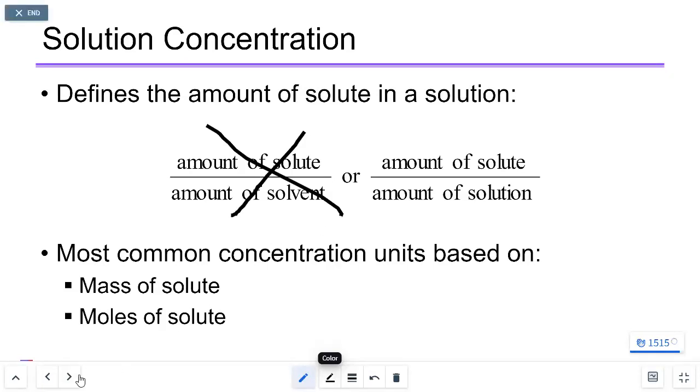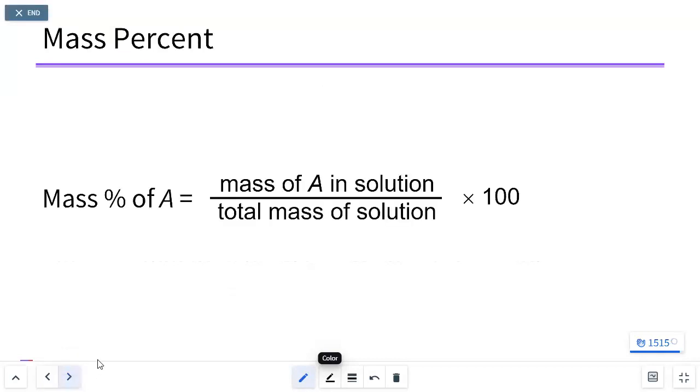The one that is based upon masses, we've seen before: mass percent. In the context we used mass percent in Module 2, we were mainly looking at the mass percent of a given element in a larger compound. We used that as the basis for determining empirical formulas. We saw it a little bit in the Module 4 quiz this week. How much calcium is there in 35 grams of calcium phosphate?